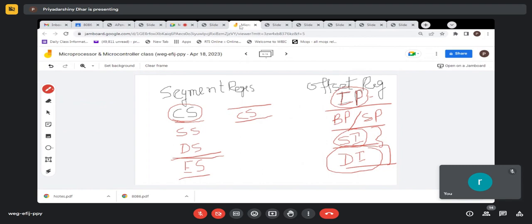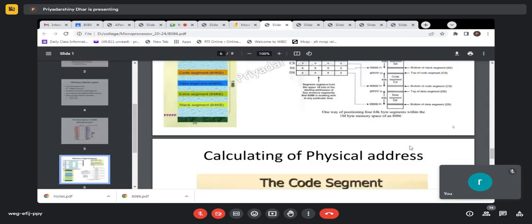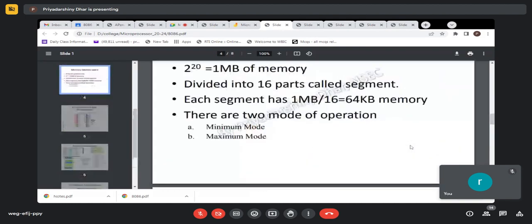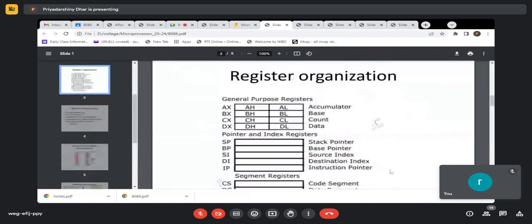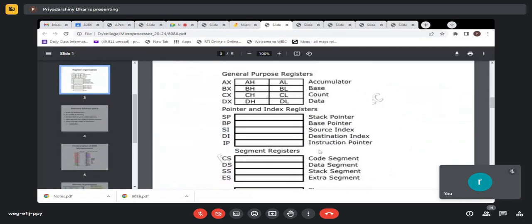Now next one is our instruction pointer. For the 8085 microprocessor we use PC; PC is equivalent to IP here. The instruction pointer holds the address of the next instruction to be executed.